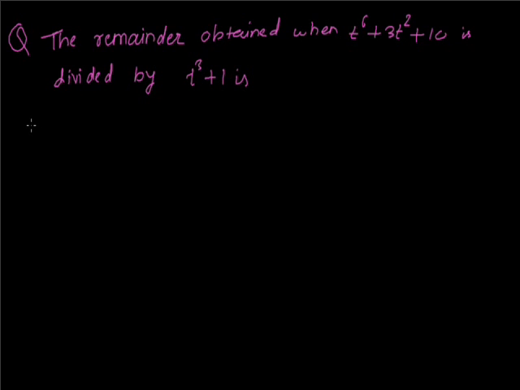We have to find the remainder by the remainder theorem. If t cube plus 1 equals 0, then t cube is equal to minus 1, so t is also minus 1.